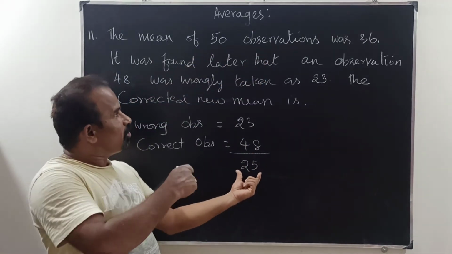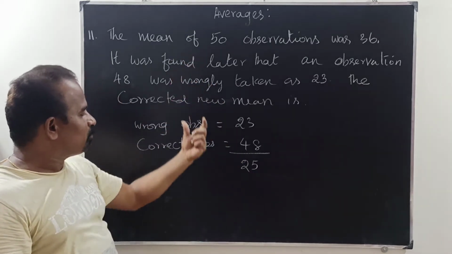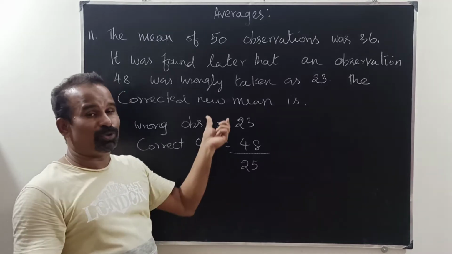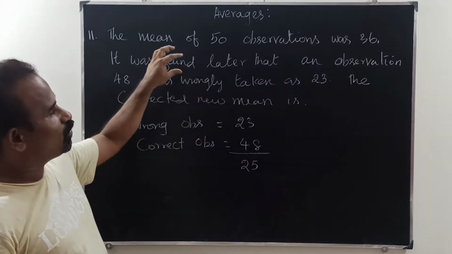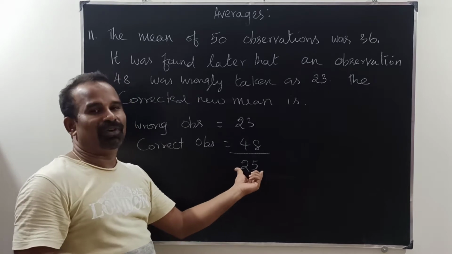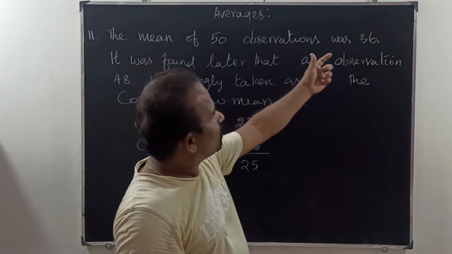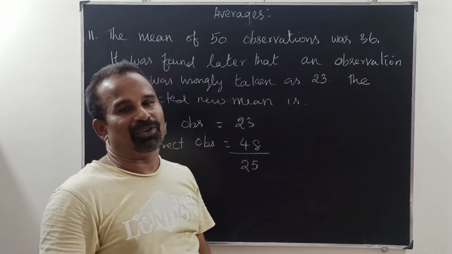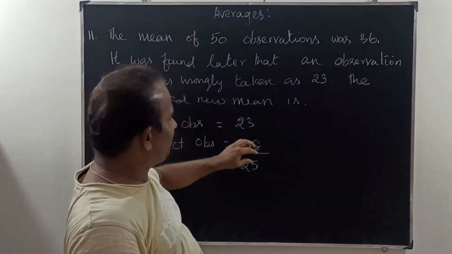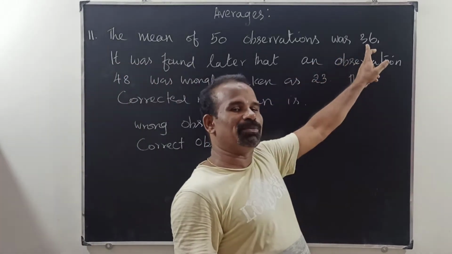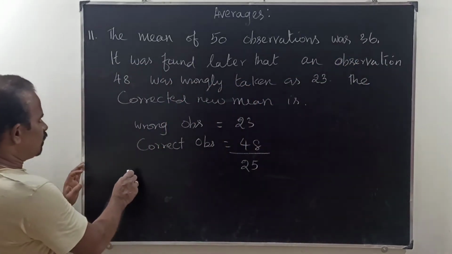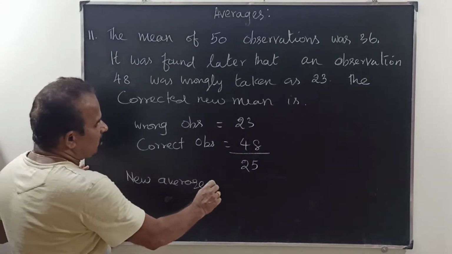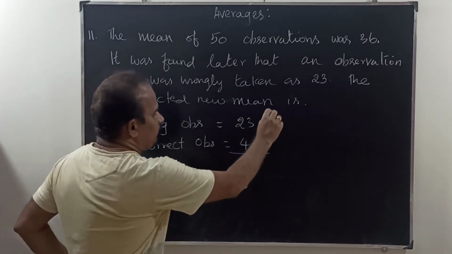Each observation gets 0.5. Because each unit is increased by 0.5, the average is also increased by 0.5. So the new average is 36.5.